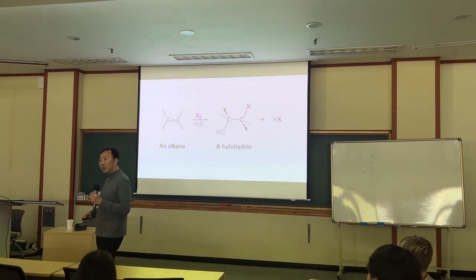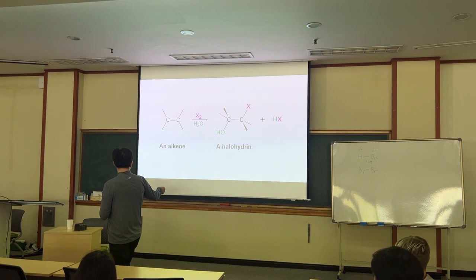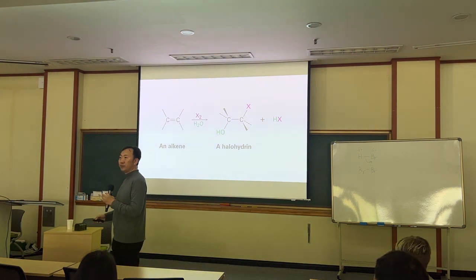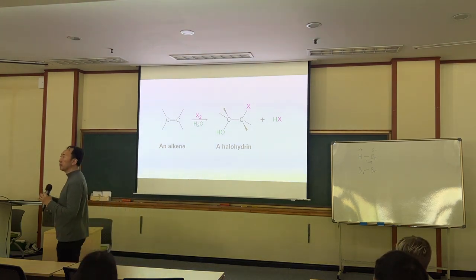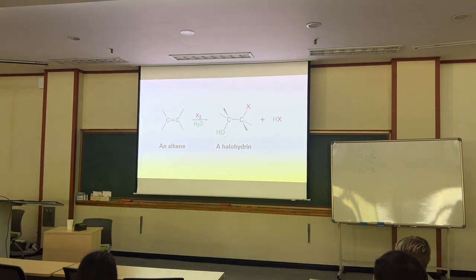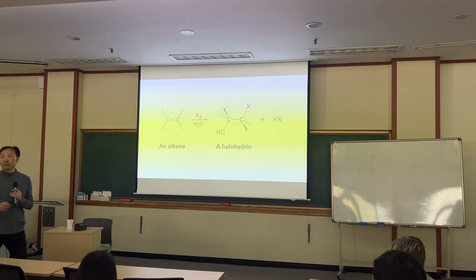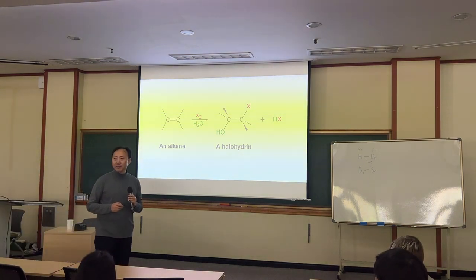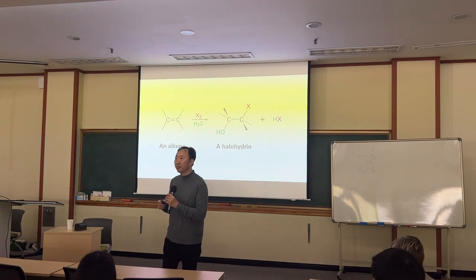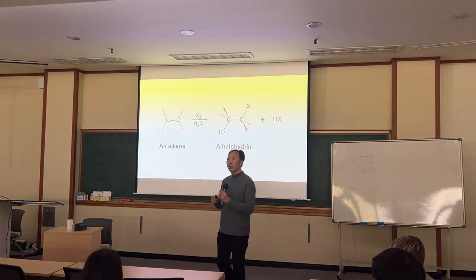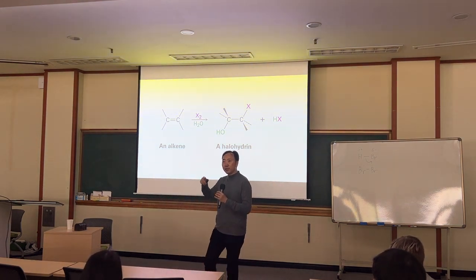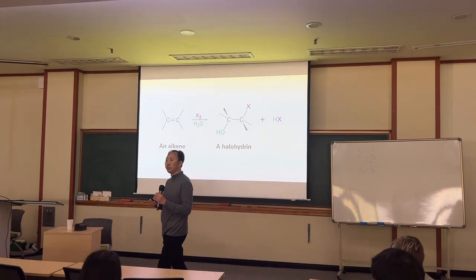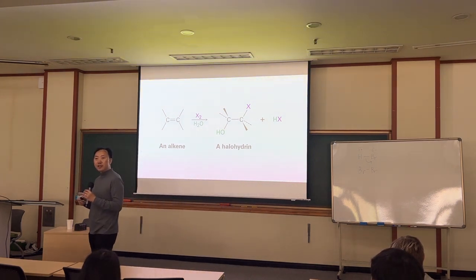And if the water amount is higher, then water can attack here, the ring opens, and it forms this product. Now in this case, this is a halo, this is a hydro. So together we call this kind of product a halohydrin. The name is not important. The product structure is important. It's very similar to the examples we have seen, HX with water.